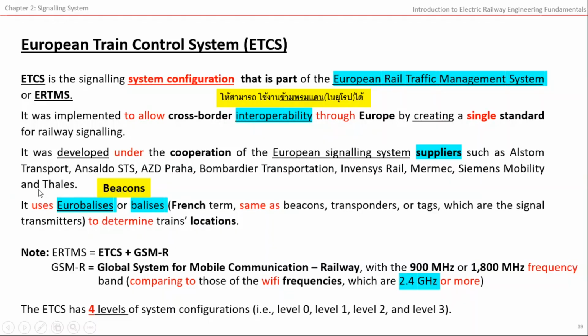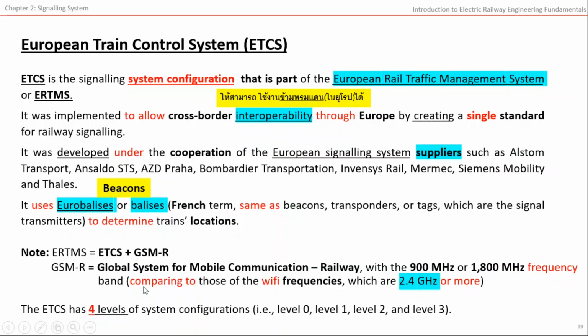So the balises will determine the train's location, and they will send the information via GSM-R, or Global System for Mobile Communication Railway. It's like the GSM in your mobile phone, with a 900 megahertz or 1800 megahertz frequency band.